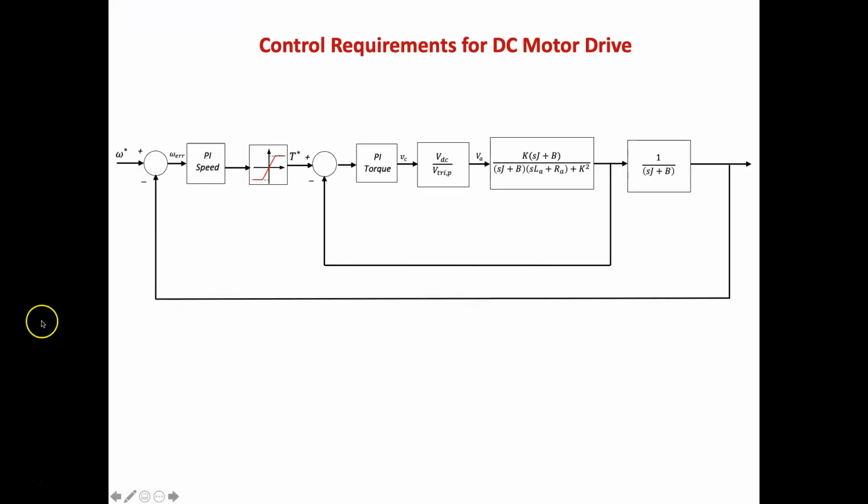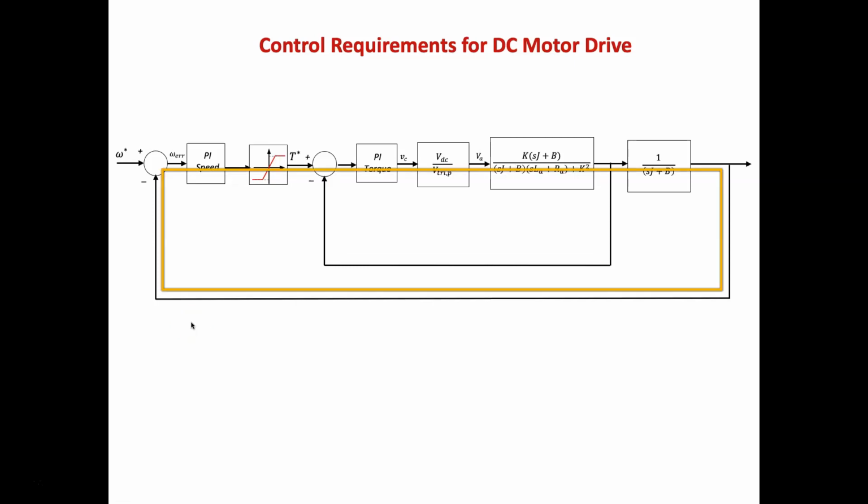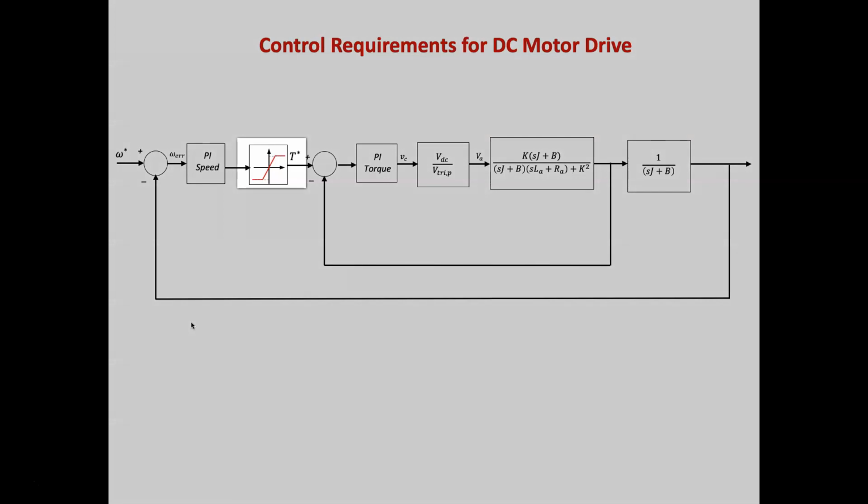Consider the block diagram of a closed-loop speed control for a permanent magnet DC motor as shown here. There are two control loops, the torque loop and the speed loop. As I have mentioned before, the reference torque is coming from the speed controller. In practice, we normally limit the torque reference to either limit the armature current or to limit the acceleration.